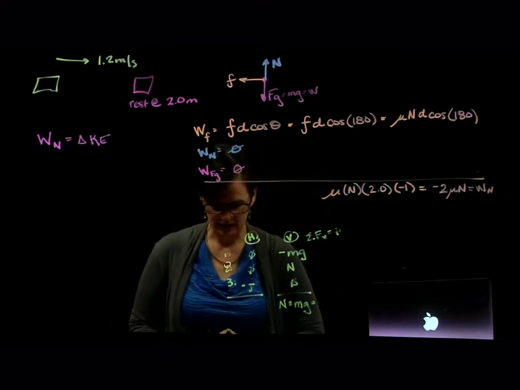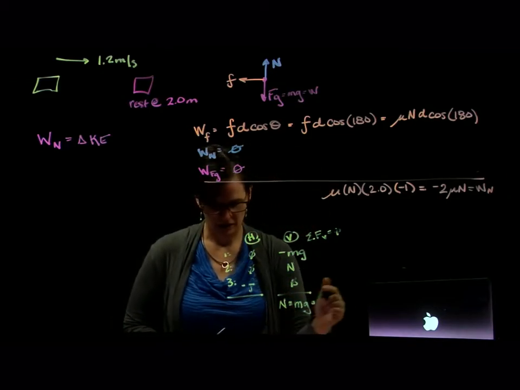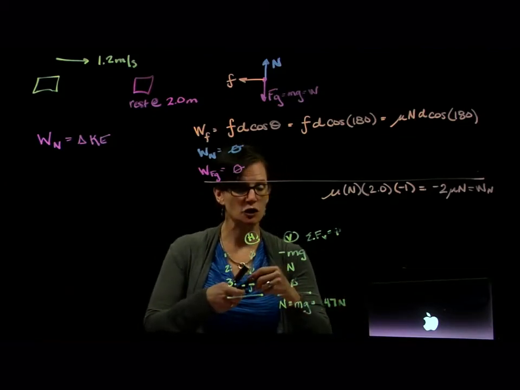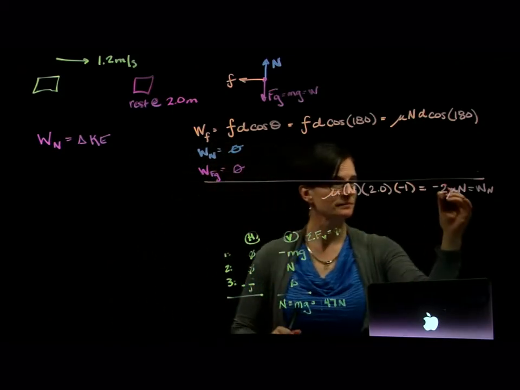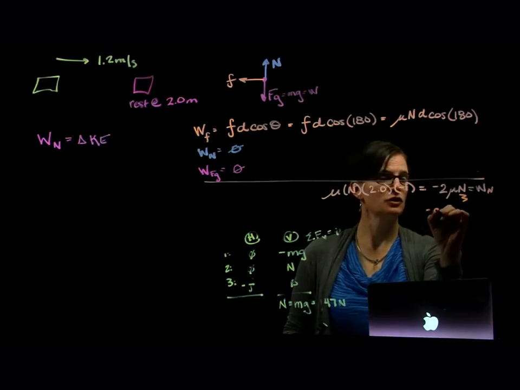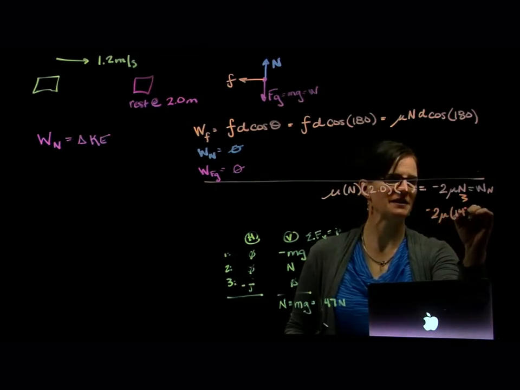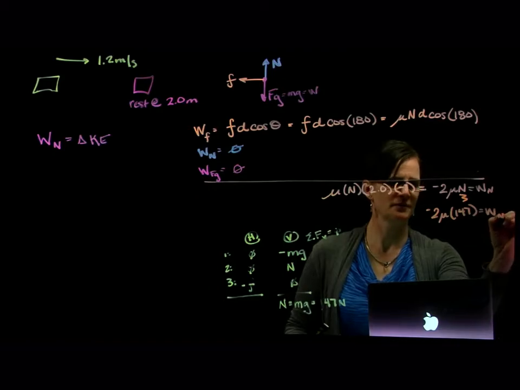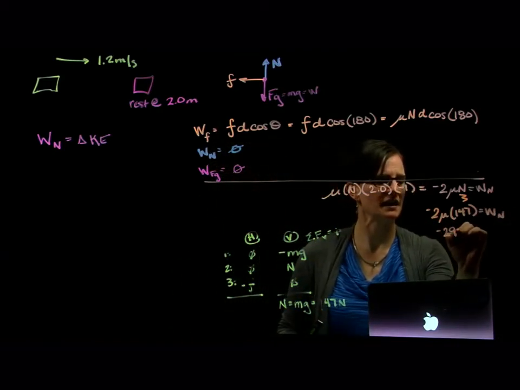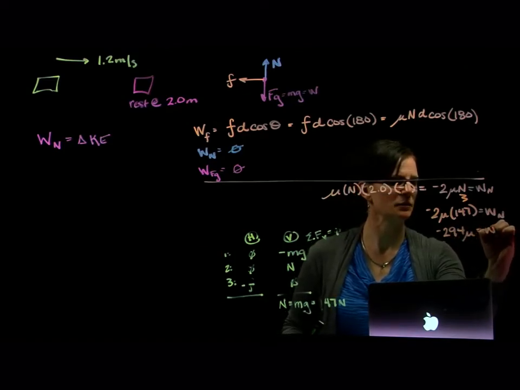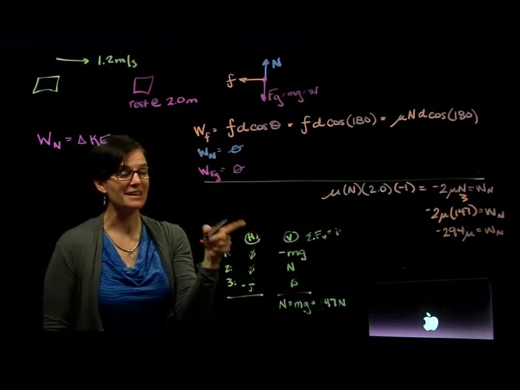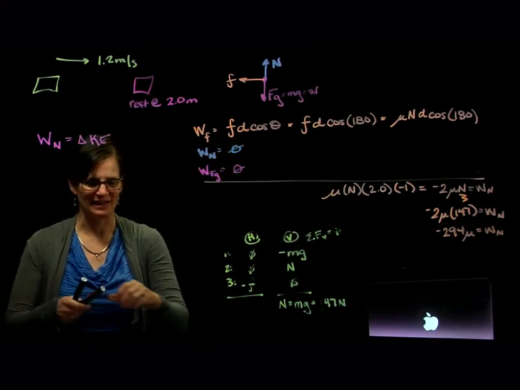With our 15-kilogram suitcase, our force of gravity is 147 newtons. So I can use that in my relationship, and I end up with negative 2 times mu times 147 is equal to the net work, which gives negative 294 times mu. Now here's where we utilize the idea that net work is the change in kinetic energy.